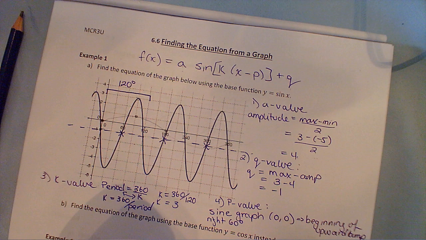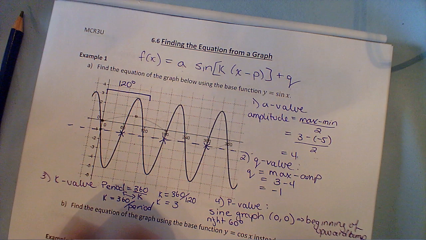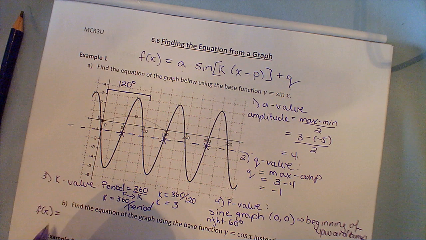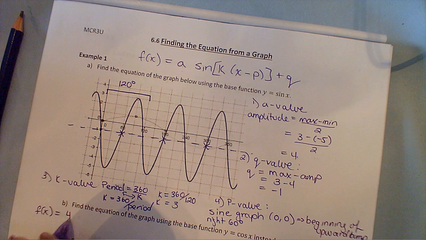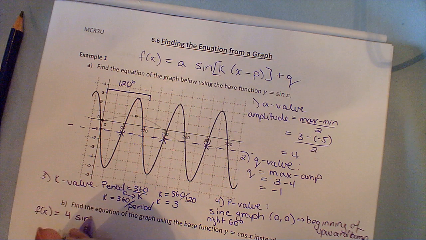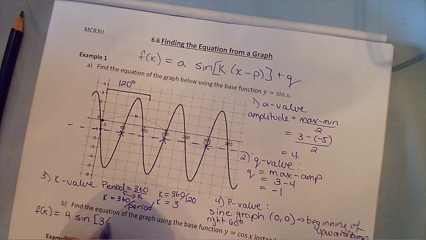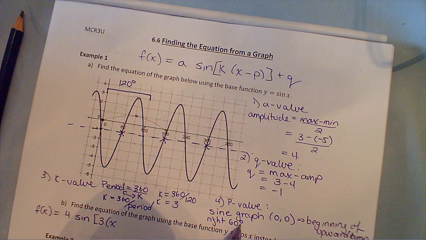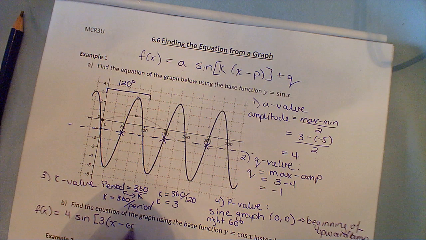So if we were to put all of this together, it would look like f(x) = 4 in front, then sine, because we were basing it on a sine graph, then the k value, which was 3, then theta or x, whatever you want to refer to it as, the x-axis. And then I'm saying right 60. So if I want the graph to go right 60, I'm going to put a minus and then a 60.